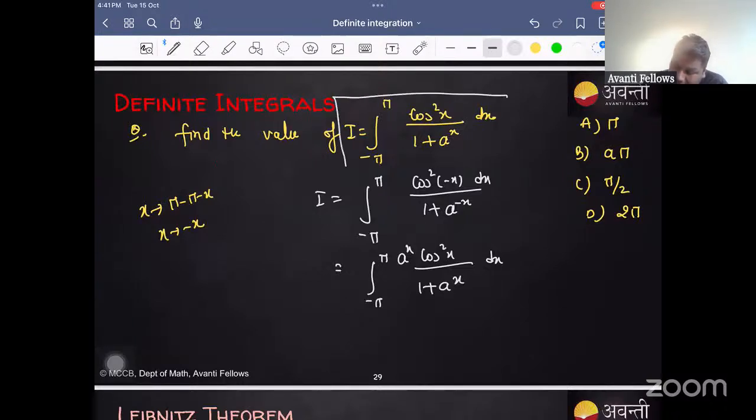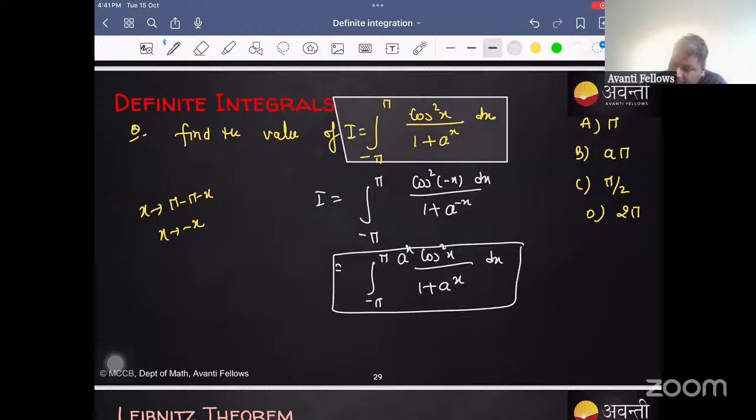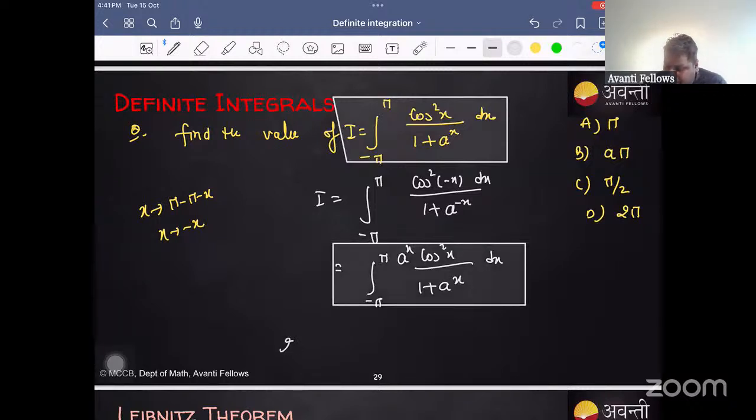Now add both of them. So 2I is equal to the integral from minus pi to pi of cos square x dx. Correct?